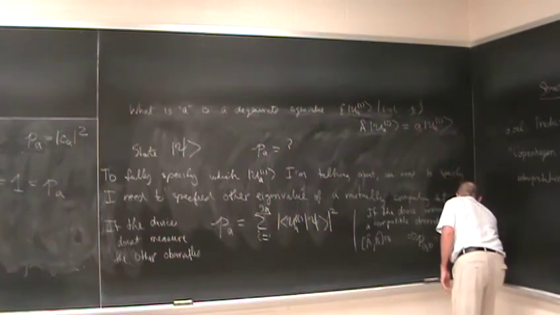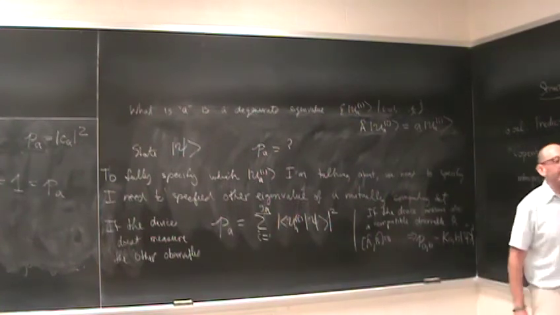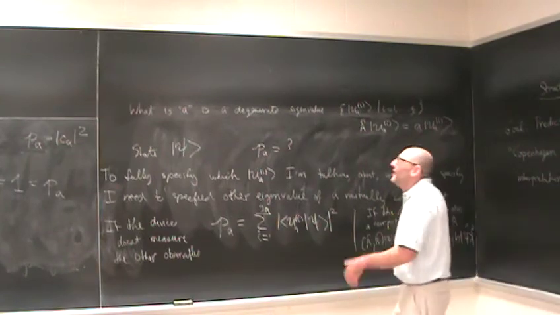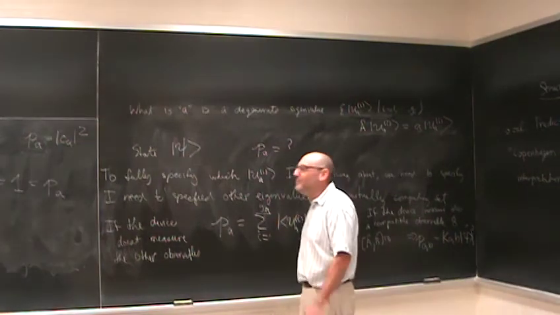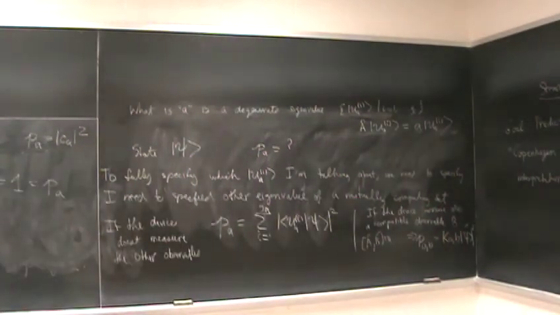Let's just say there were two. Say that the complete set is specified by two observables. Okay. So it's not enough. The Born rule, as it's typically stated, is stated for the case where you have a non-degenerate eigenvector. But if you have degeneracies, it's already subtle.